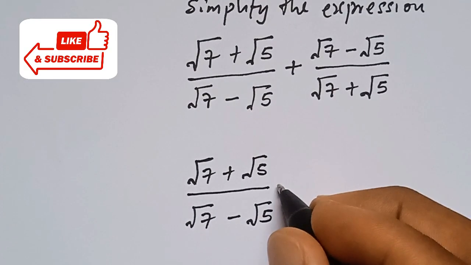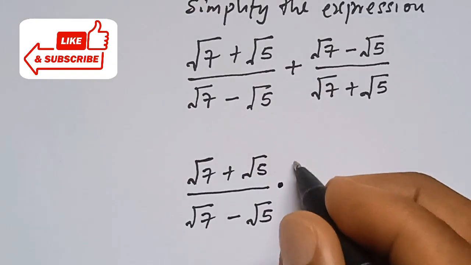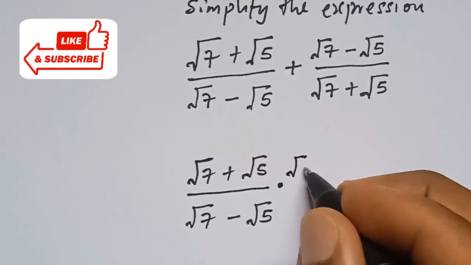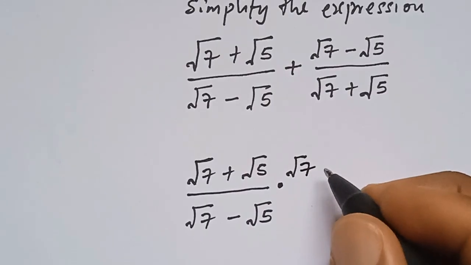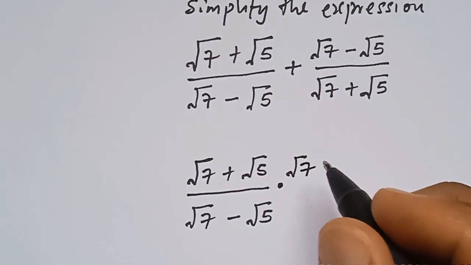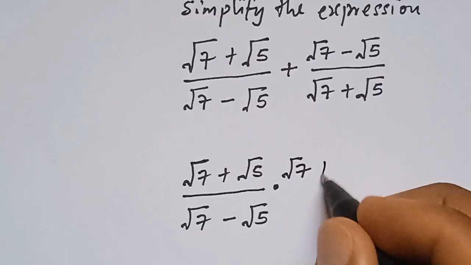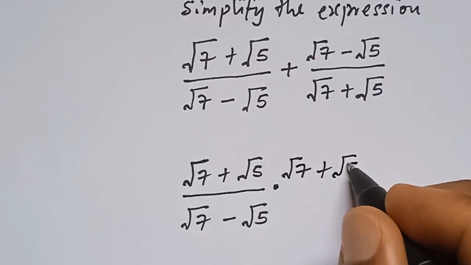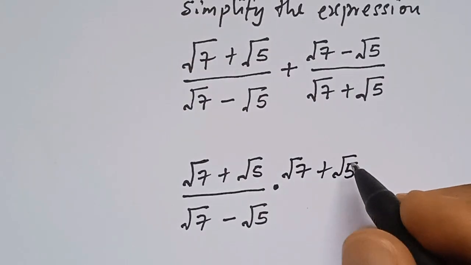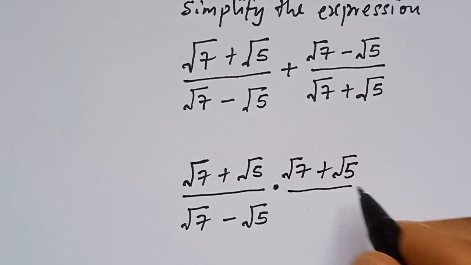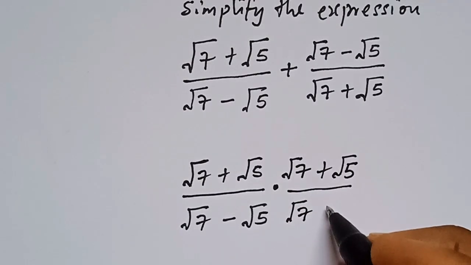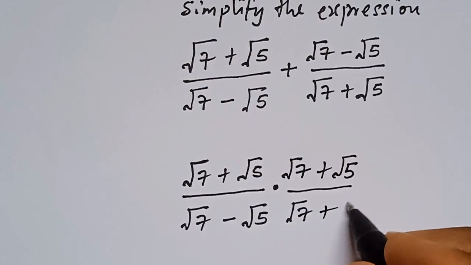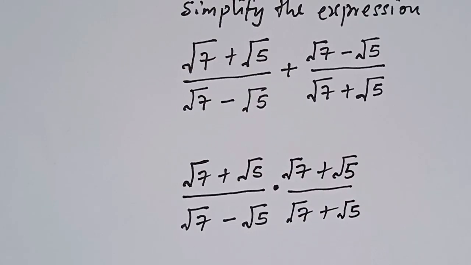So that gives us multiply by square root of 7 plus square root of 5 over square root of 7 plus square root of 5.